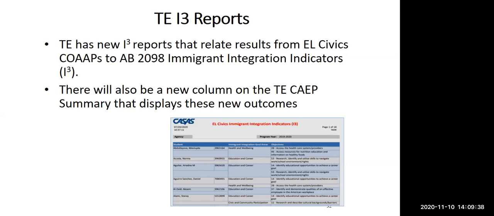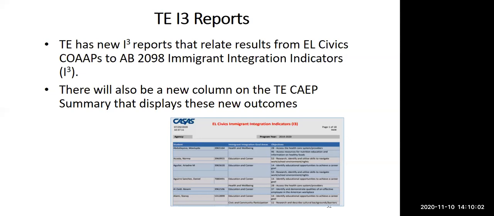So there's other things that might come up as well. But one of the big outcomes of that research relates to EL Civics, where a lot of us, CASAS included, would say something like, we've been doing immigrant integration already for many, many years, and it's called EL Civics.